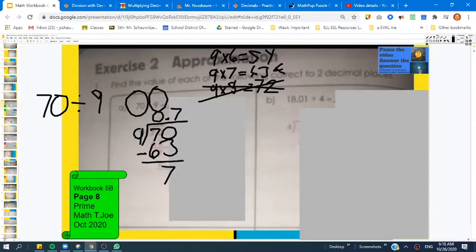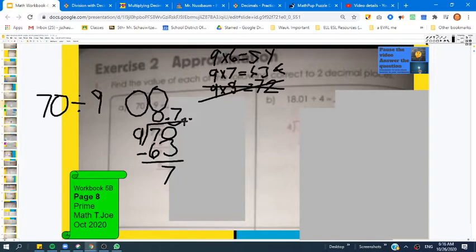Now, what's interesting about this problem, boys and girls, is what I need to do is I need to recognize that first of all, I put my decimal point in the wrong spot. So what I'm going to do is I'm going to actually move that decimal point over to this spot right here. Okay, now I know that 9 times 7 equals 63, and I'm going to put my decimal point in the correct spot.